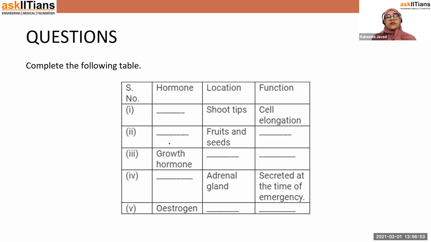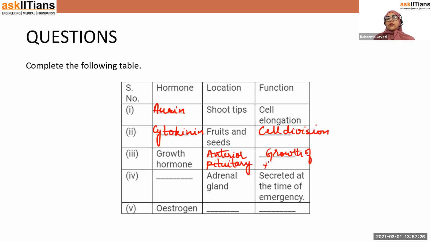Next question, here we have to complete the following table. The first two are auxin and cytokinin. I think we already did this. This is cell division here. Growth hormone is secreted from the anterior pituitary, and it brings about growth of the body.